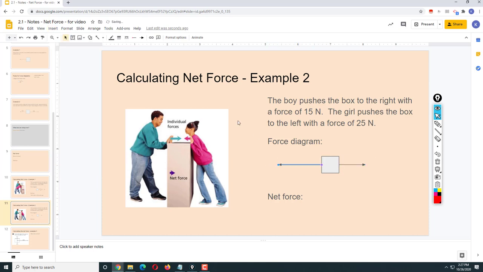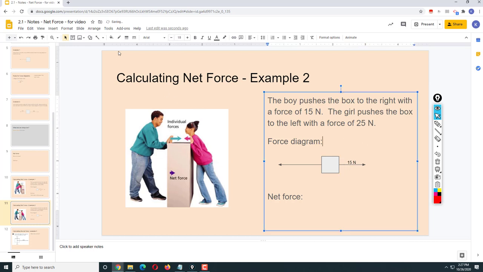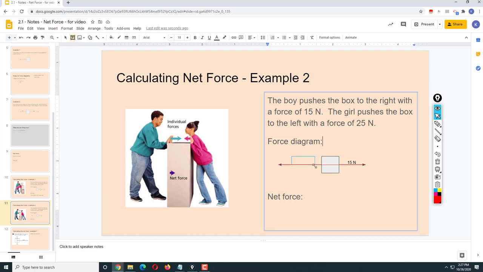I'll use a longer arrow because it's bigger. Again, this is 15 newtons to the right. Let's make this smaller. We have a 15 newton force to the right. We also have a 25 Newton force to the left.